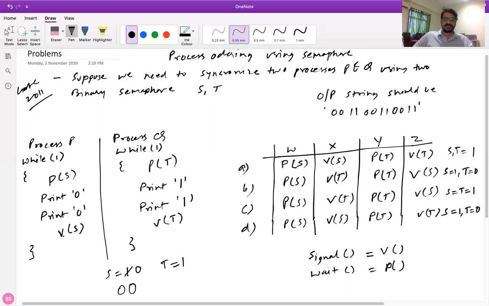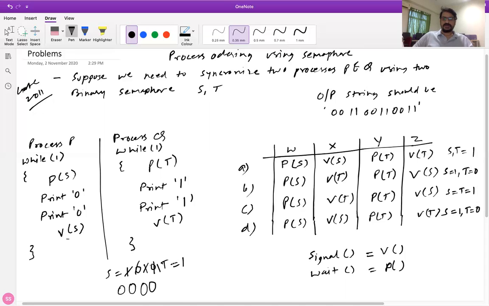And vs means it will just make a signal, it will increment the value of s by 1. So right now the value of s is 1. Now I have the option to go again in this particular process, P can execute here. Again s will become 0, it will print 0 0, and at last it will become 1 once we get the signal.